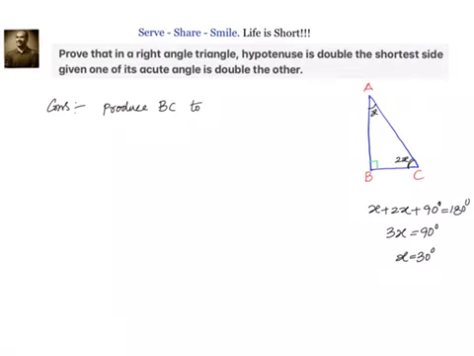I'll write down the construction: produce CB to CD such that BC equal to BD. What is the meaning of that? Take BC, whatever we have, and extend this on the other side so that this side is equal to this side. Now these both are equal. Now let's go ahead and join this.